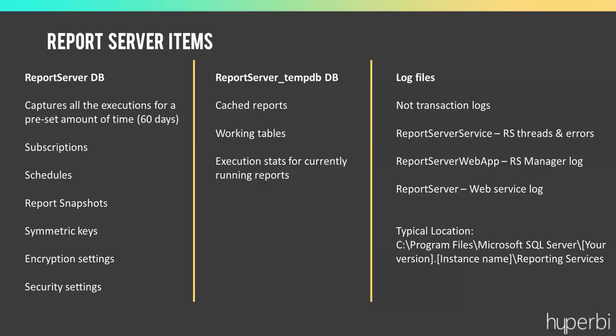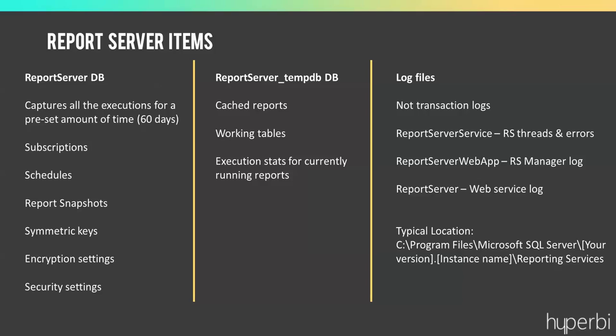So if you actually want to know if you're having errors, you're going to have to go away and read this log. You've got the report server web app, which is people going through and what they're doing in your report server. And then you've got the report server log, which is a web service log. So if you're using web services to trigger your reports, then that's where that's going to be.